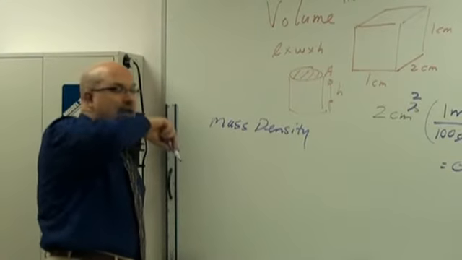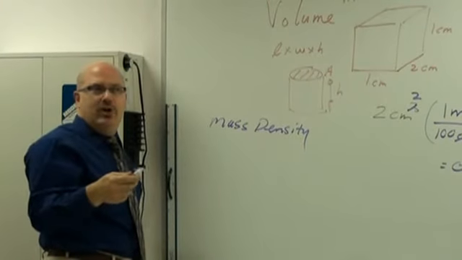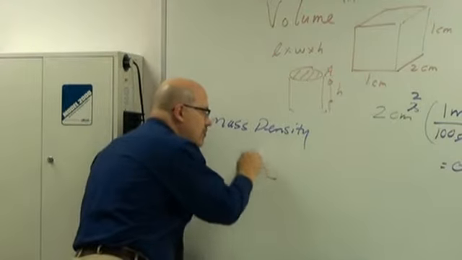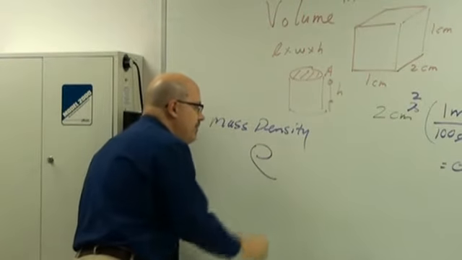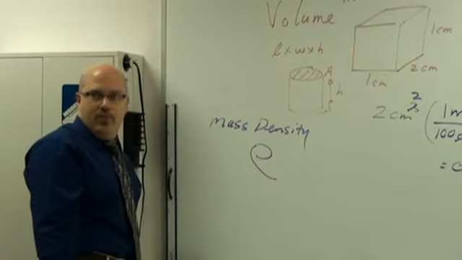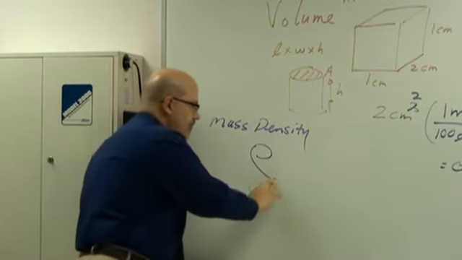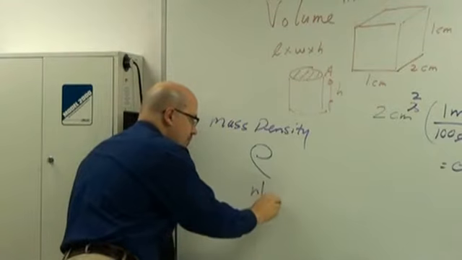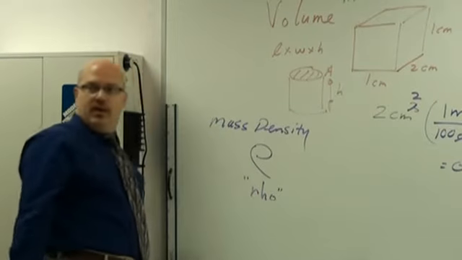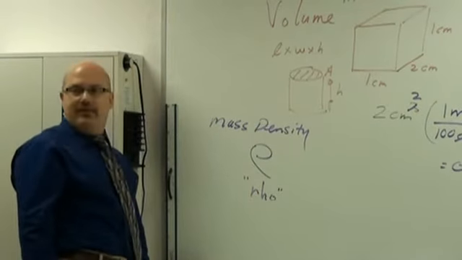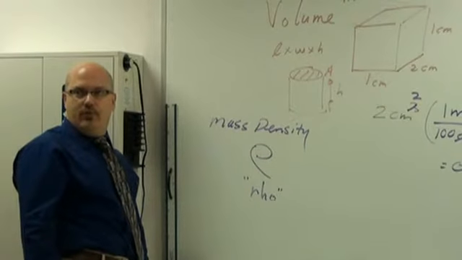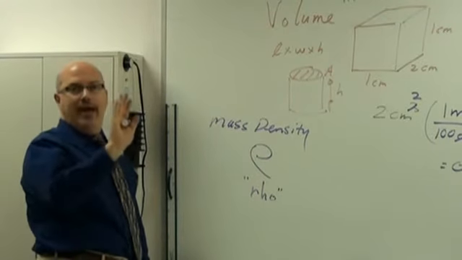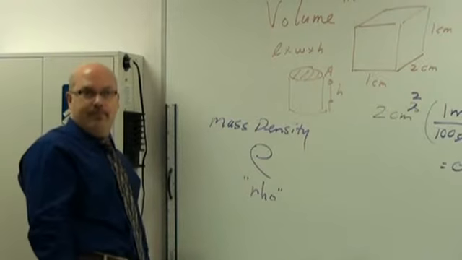In chemistry, I don't think you use the same symbol we use. In physics, you use the Greek letter rho, R-H-O. It looks like a 6 flipped over, a mirror image of a 9.